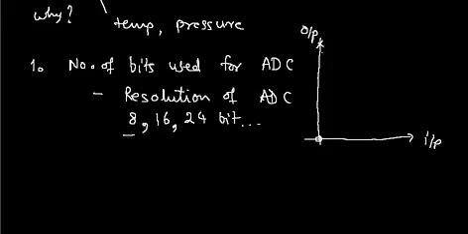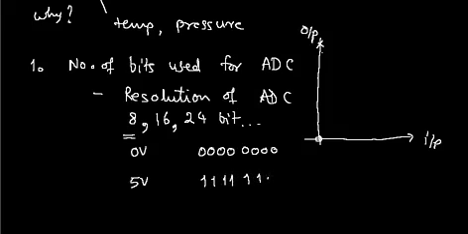If we consider an 8-bit A to D converter, the output will be 8 bits, so 0 0 0 0 0 0 0 0 is the output if the input is 0 volt. If the input is maximum 5 volt, the output will be 1 1 1 1 1 1 1 1, full scale value, and if it is in between, the digital value will also be in between, some combination of ones and zeros between 0 0 0 0 and 1 1 1 1.